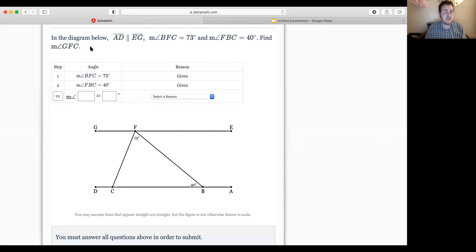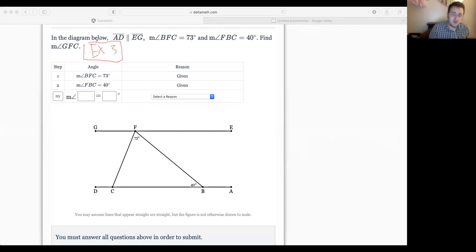What we're just doing here is putting concrete reasons for why we are going from one step to the next. They are actually literally the same problem as the first 2, except now we're just putting our reasons in them. And we're just going to look at the information that is provided.